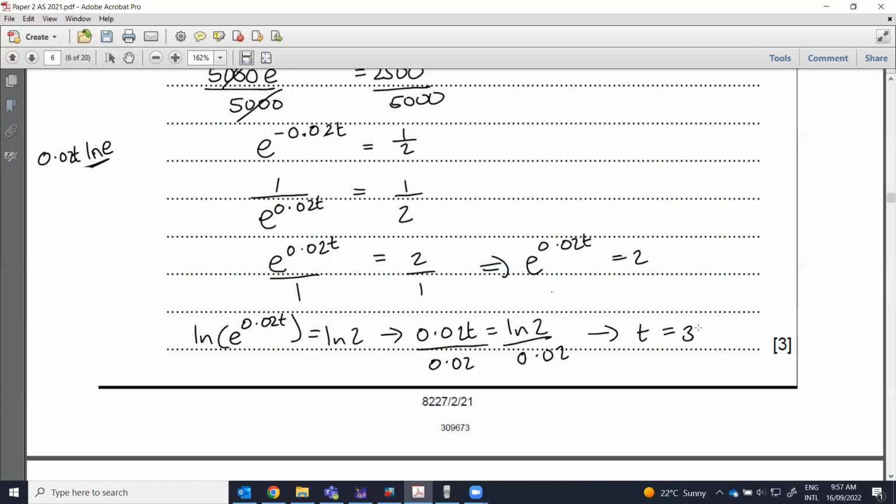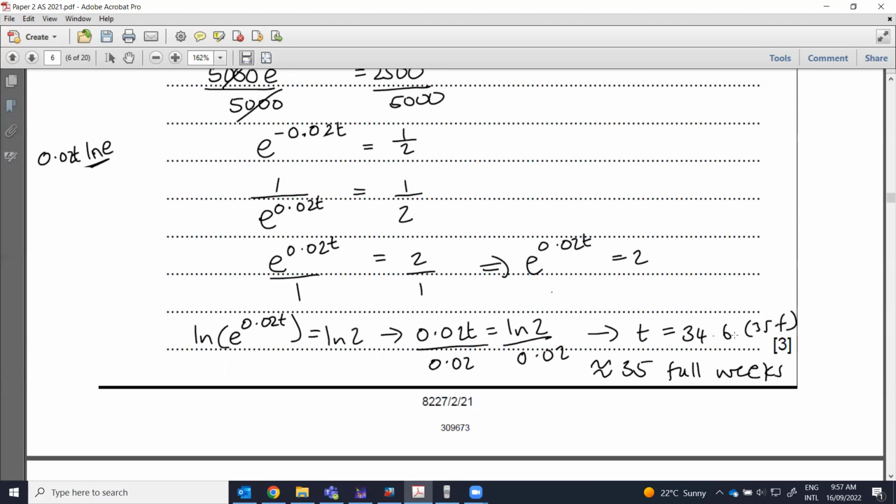So on our calculators, ln of 2 divided by 0.02 is 34.657. But this is to 3 significant figures. I believe that is how the instructions are given on the front page. Now the question says, after how many full weeks? So this is approximately 35 full weeks.